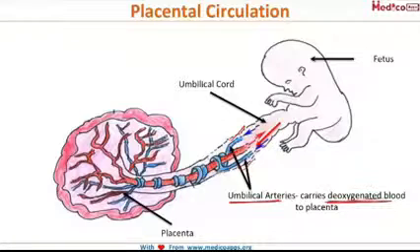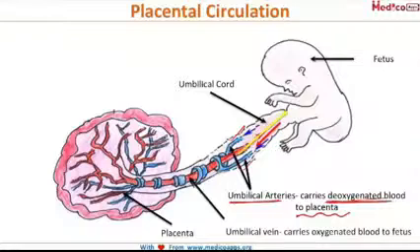And where will this deoxygenated blood travel? It has to go from the fetus to the placenta for getting oxygenated. So the umbilical arteries carry deoxygenated blood from the fetus to the placenta, and our umbilical veins carry oxygenated blood from the placenta to the fetus.